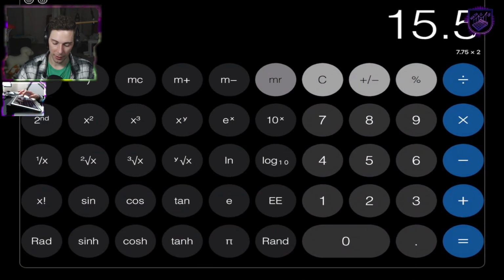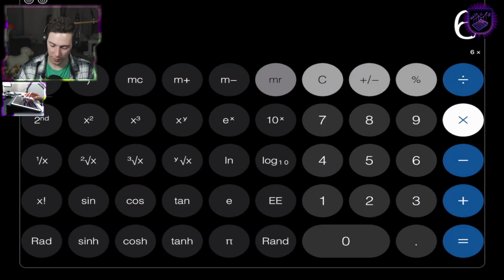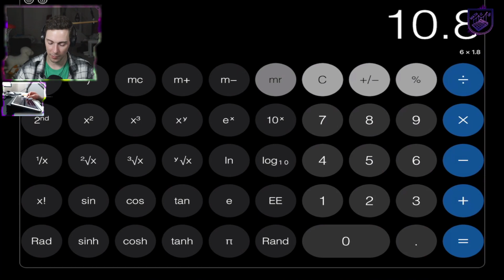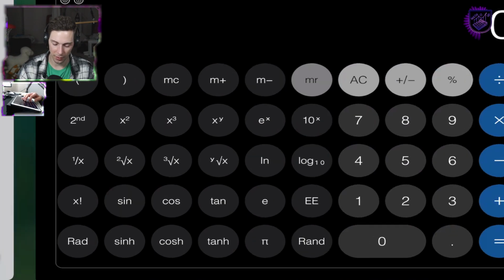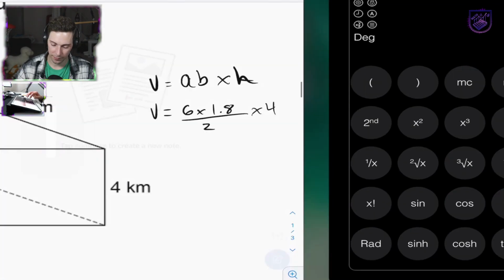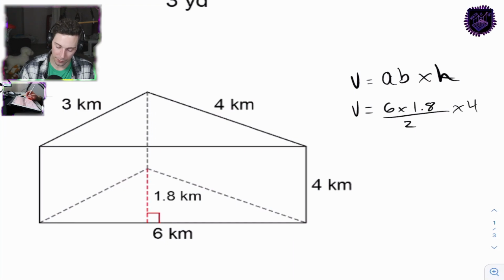Oh, my brain right now. 6 times 1.8, 10.8. Okay. Just not confident. So volume will be equal to 10.8 divided by 2 times the height, which is 4.